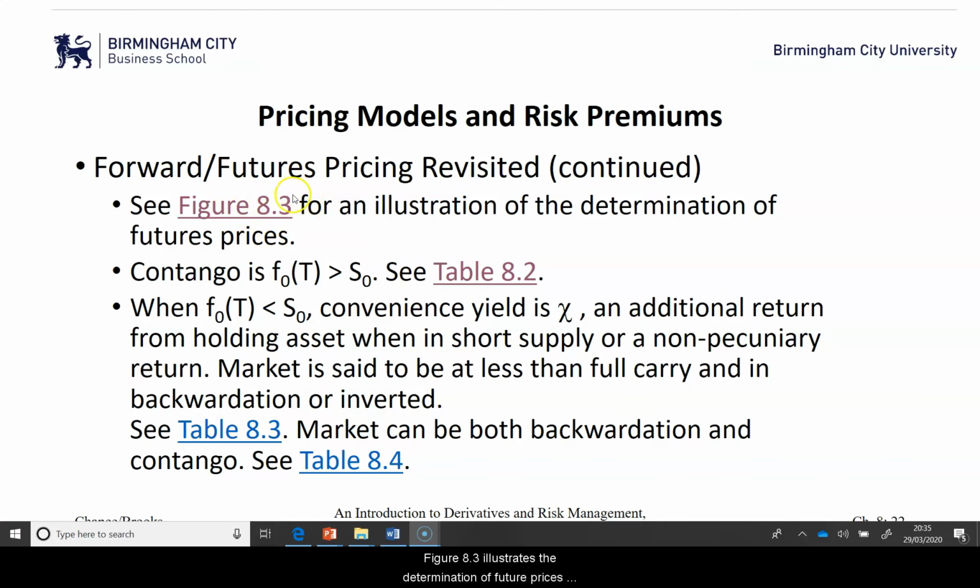Figure 8.3 illustrates the determination of future prices and how they relate to spot prices, and how even a spot price is determined. So let's have a look at this.